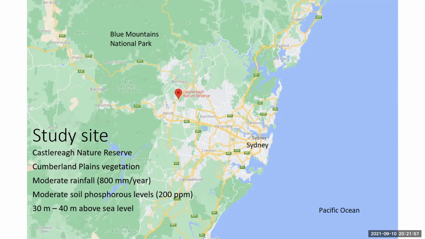It's been a really great site for testing these questions because it has high Australian flora diversity, and it has very unique features which are useful for my study. For instance, it has a moderate amount of rainfall, around 800 millimeters per year, and moderate soil phosphorus levels, around 200 parts per million. It's only 30 to 40 meters above sea level, and it's pretty flat.